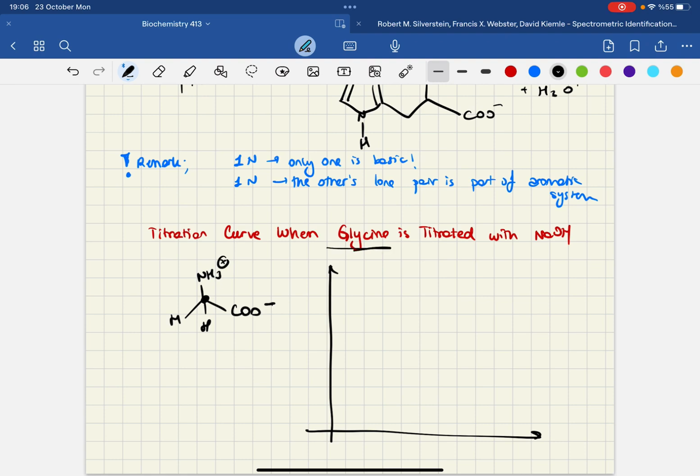This is now glycine. Now, first of all, we need to see from the table what the pKa of glycine is. Now, let me search for its value. And now that I found glycine, I can see that its pKa has no value.